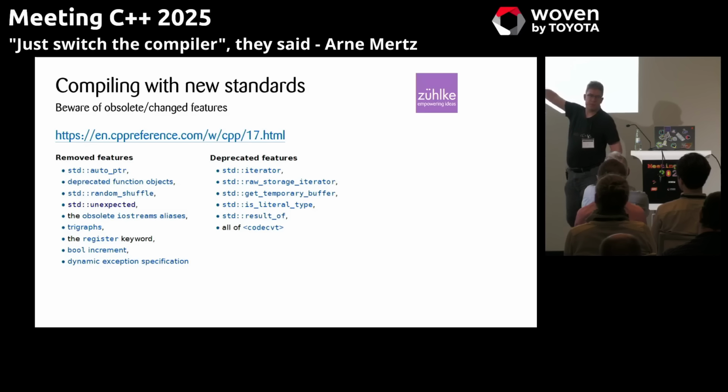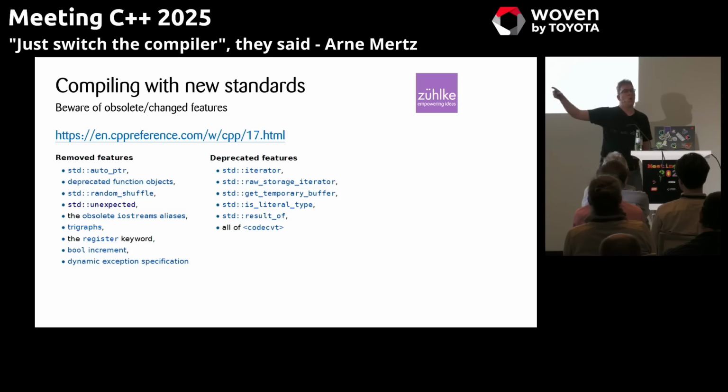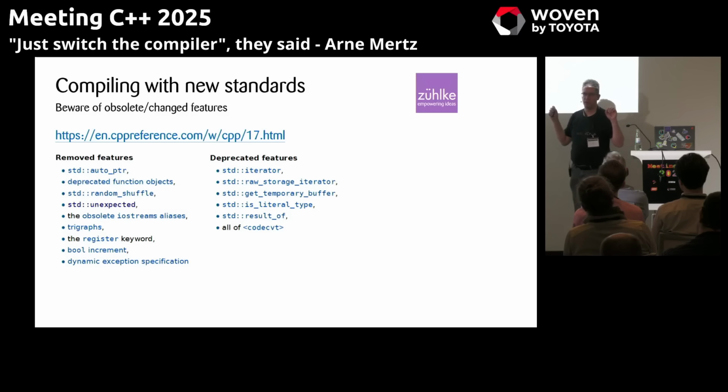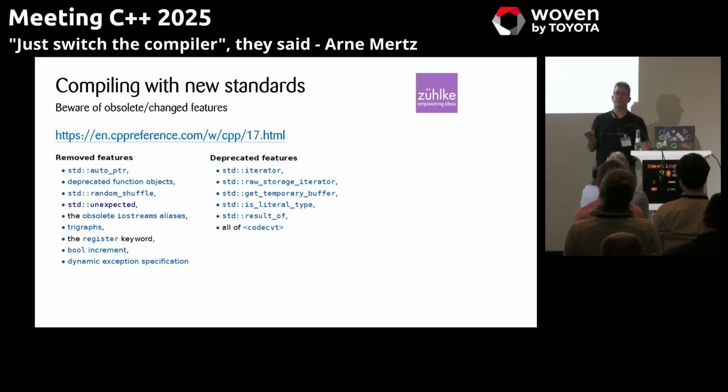The one that has been removed is a handler that got called when you threw an exception that the exception specification did not mention. So before C++17, you didn't have noexcept or noexcept(false). You could explicitly tell on your functions, this function throws that or that exception, and when another type was thrown, then unexpected got called.